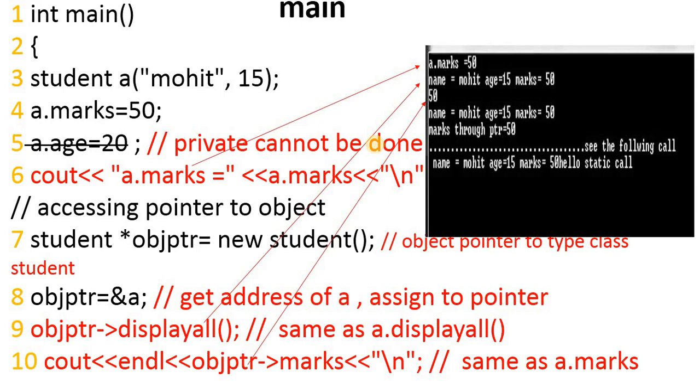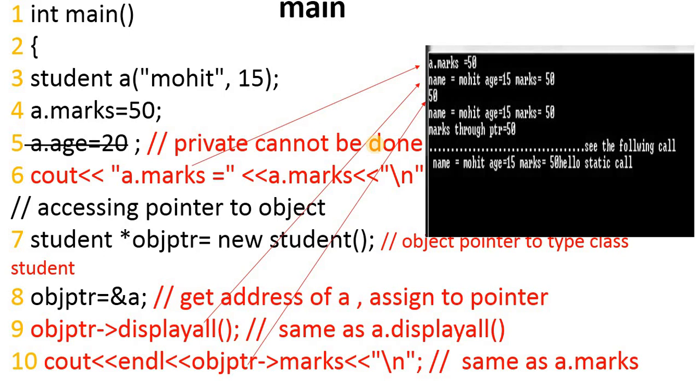Now good programmers always use pointers. Now how do you create an object pointer? Line number 7, you can see you have the student class and you are creating an object pointer. Star object pointer is equal to new student. This is the syntax.